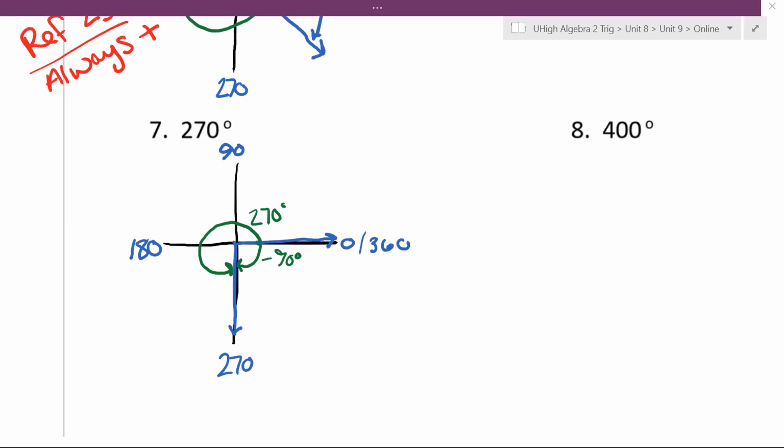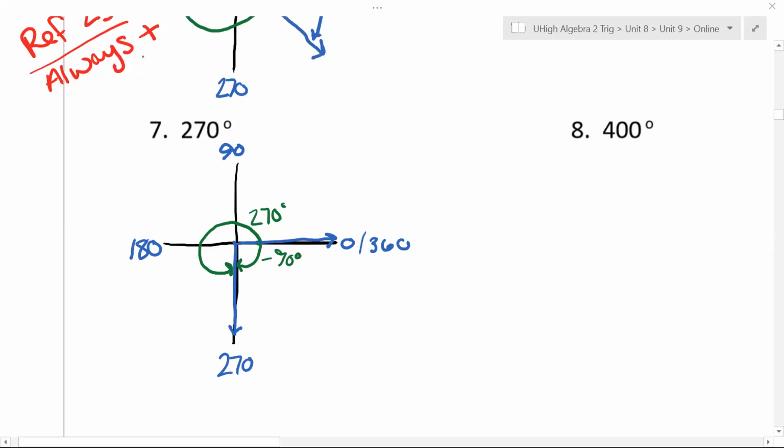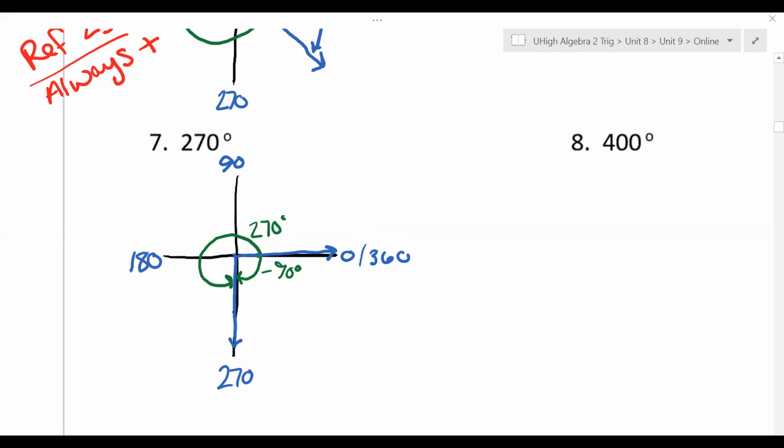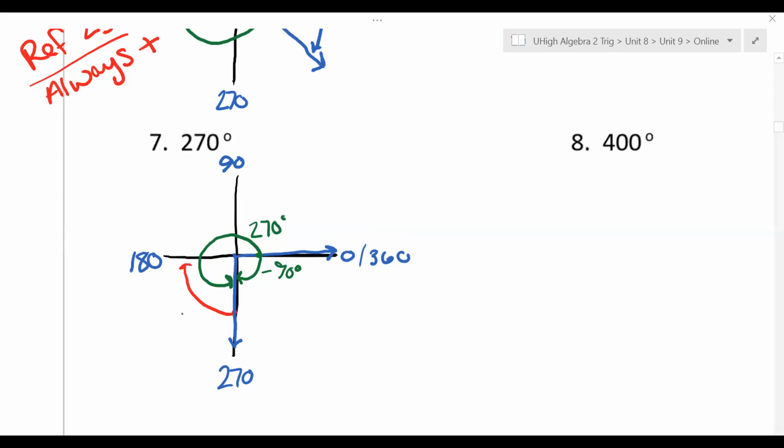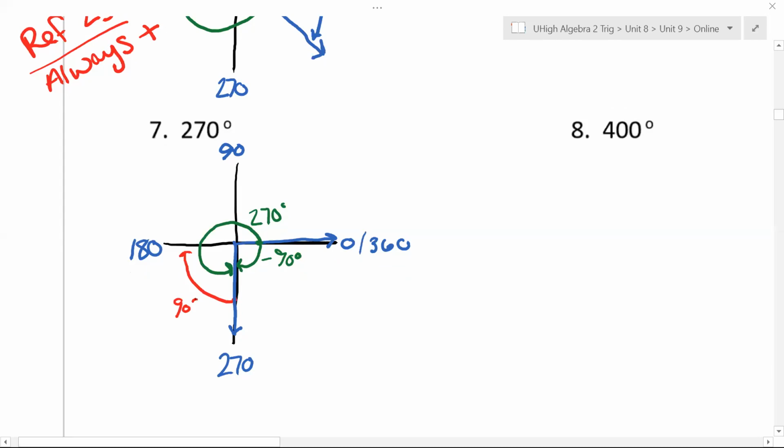And then if I look at my reference angle, it said the acute angle formed by the terminal side and the x-axis. Well, if I think about it here, if I take my terminal side and I go to my x-axis, that's going to be a 90-degree angle.